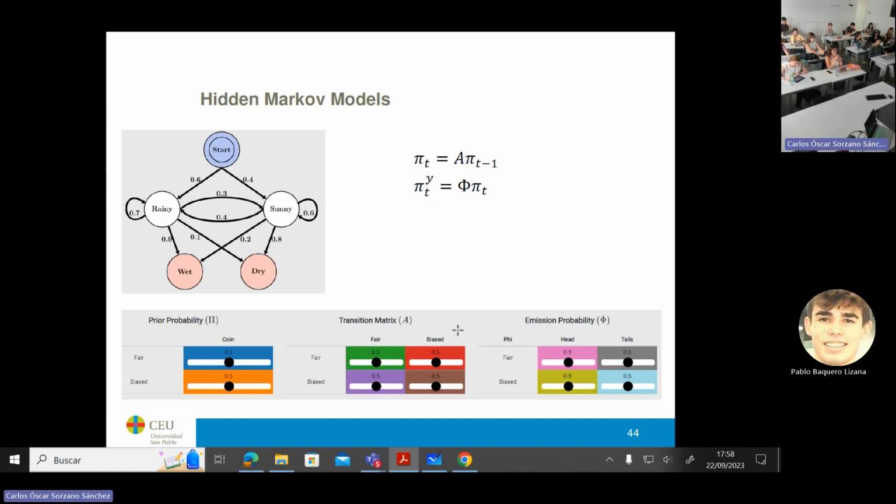For that example, it would be dry and wet, and here it would be rainy and sunny. Okay. So the states evolve on their own, and at a given state, you have a given probability of observing some variables, some states. So you have to infer from the observables what is the internal state of the system.